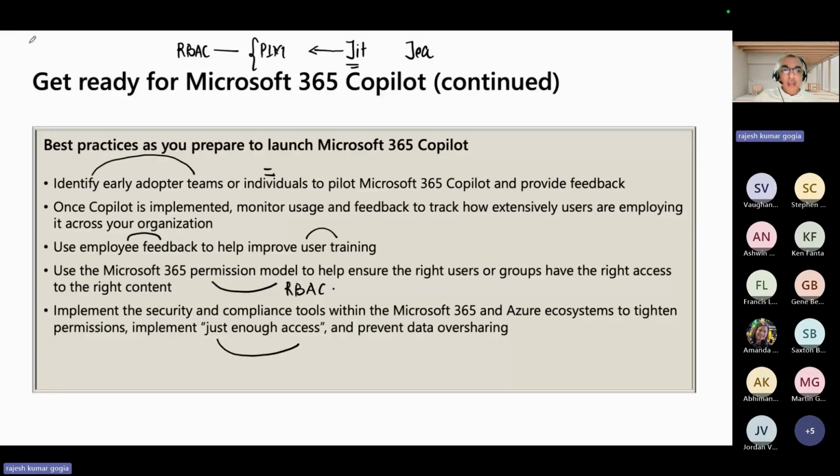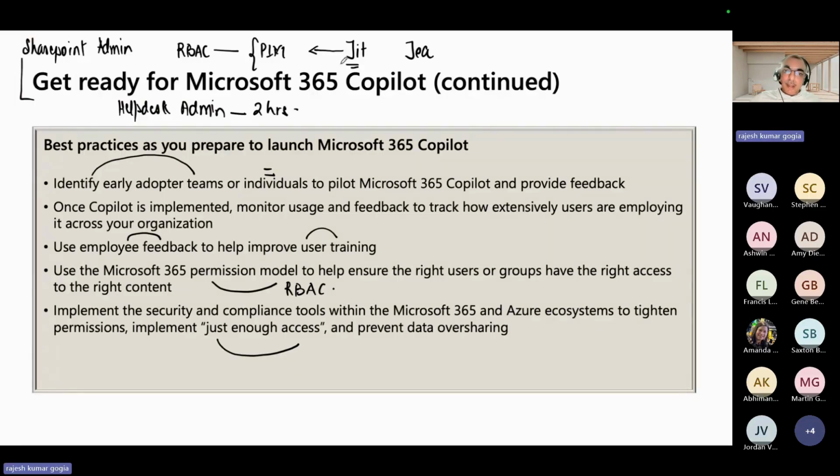Let's say I want to delegate someone as a SharePoint admin, or let's say I want to give someone help desk admin, and I want to give that privilege for 2 hours.